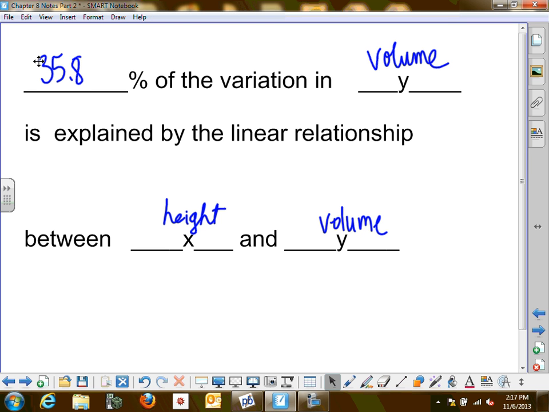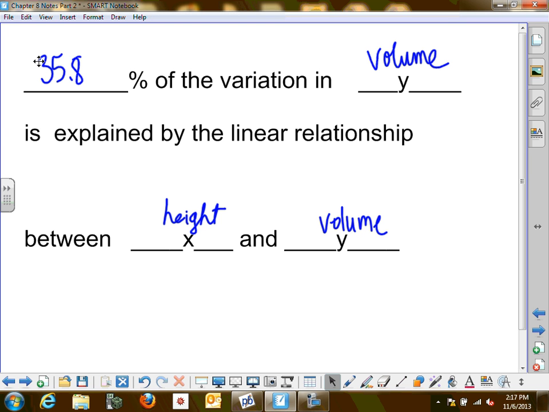So this is saying 35.8% of that fluctuation in volume, the changes in volume that are happening in trees, 35.8% of the changes in the volume is happening because of there being a linear relationship between height and volume.